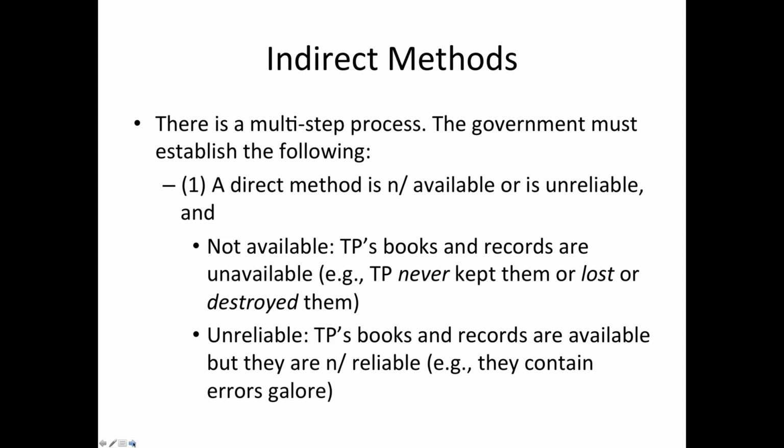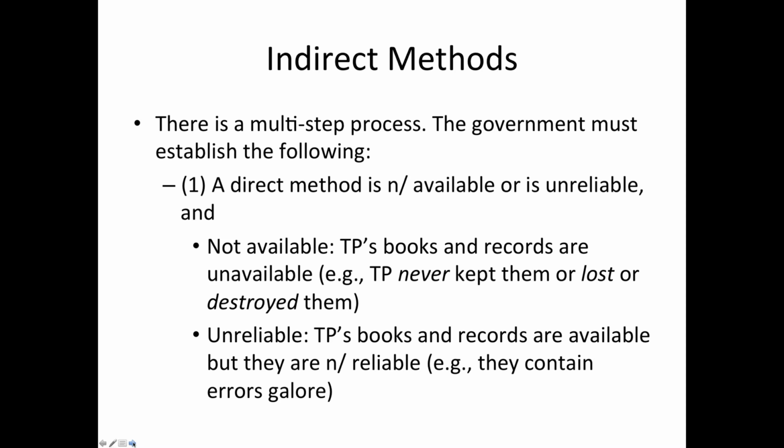First, they have to prove that a direct method is not available or is unreliable. And by not available, that means that the taxpayer's books and records are unavailable. For example, the taxpayer never kept them or lost or destroyed them. By unreliable, what we're referring to here is that the taxpayer's books and records are available, but they're not reliable. For example, they contain errors galore.